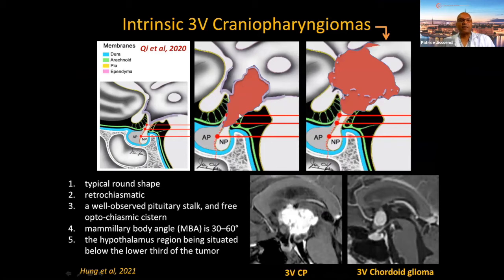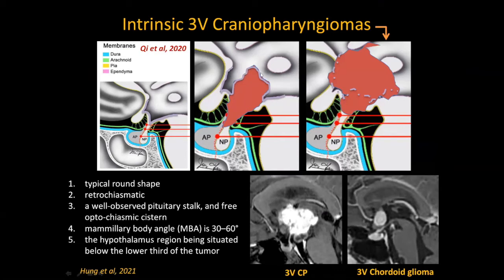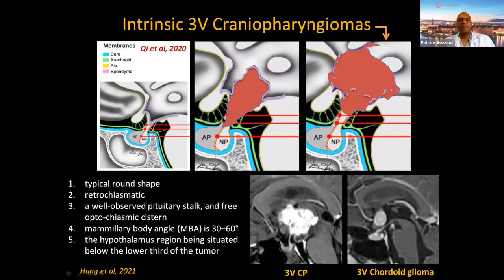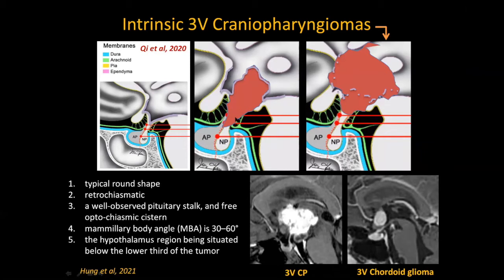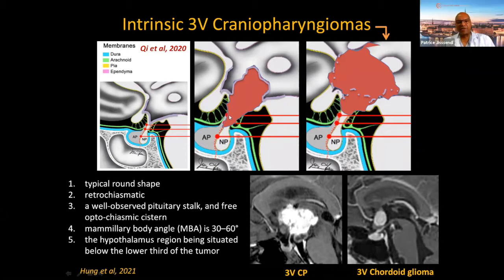In the first case, you have a displacement of the ependyma of the third ventricle by a tumor that arises in the same location, I mean, in the infundibulum of the third ventricle, but it arises beyond the ependyma of the third ventricle, and it pushes the ependyma and closes the third ventricle. But in the intrinsic third ventricle craniopharyngioma, you have a dislocation of the ependyma, and it crosses the ependyma toward the cavity of the third ventricle.